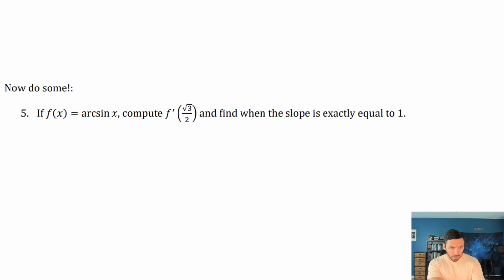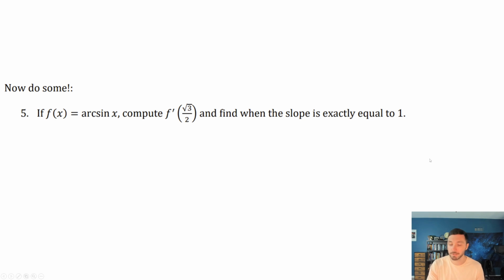All right, so I want to verify a thing here. If you have arcsine, compute when we're finding the derivative at root 3 over 2. So use your new definition. There are two parts to this: take the derivative using the new definition, plug in root 3 over 2, and then find when its slope is equal to 1.